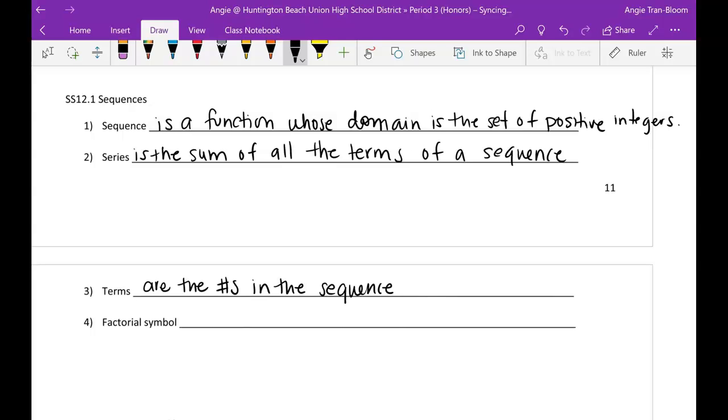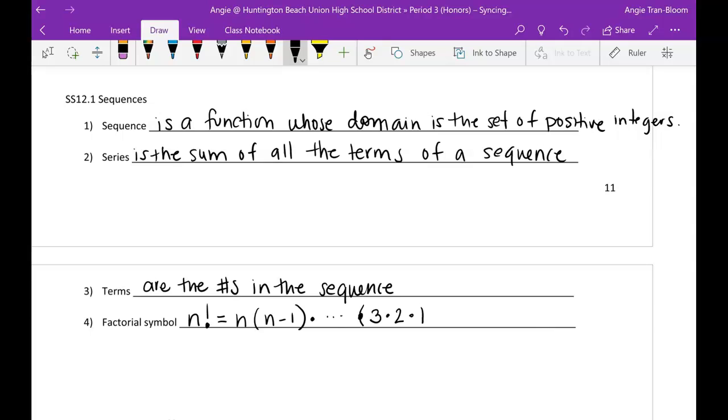Factorial symbol. Usually we use this symbol right here. So n factorial means that it's n times n minus 1 times ... times 3 times 2 times 1.